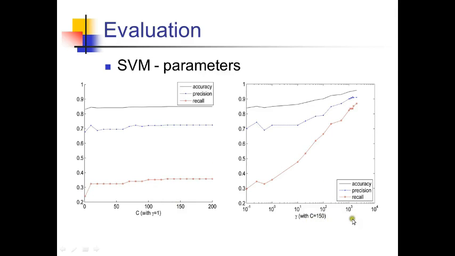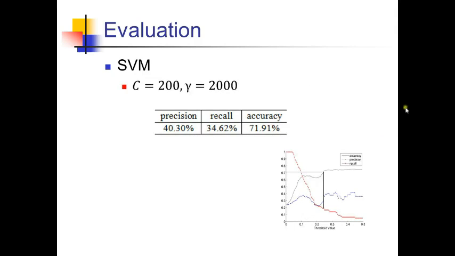However, the parameter gamma in the kernel function has significant influences on the performance. A larger gamma value will significantly increase the accuracy, recall, and precision. So I used an iterative searching approach to determine the best parameters, which is given here. C equals 200 and gamma equals 2000.